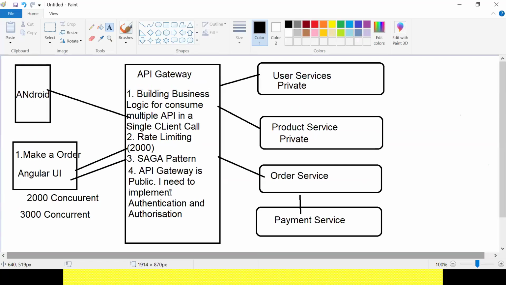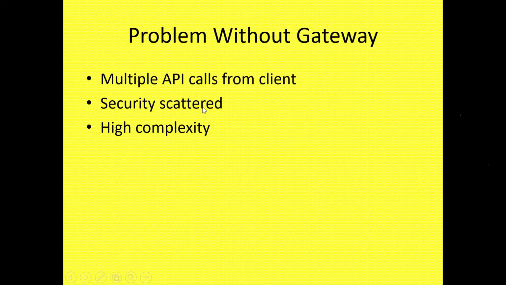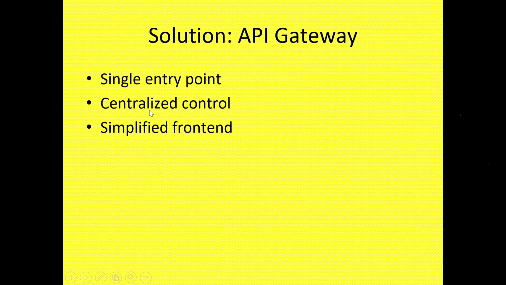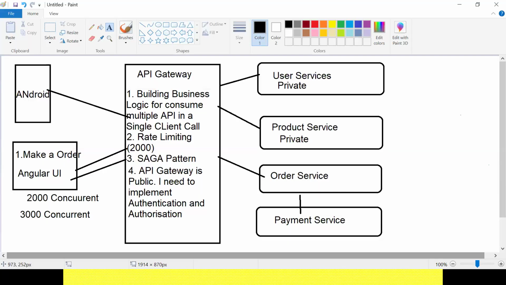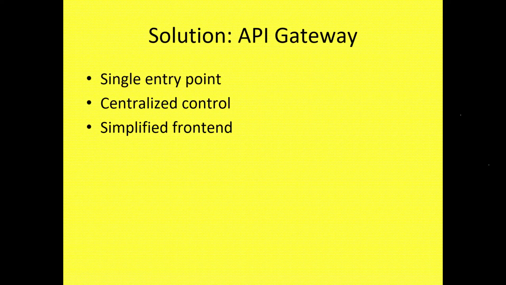Okay, so that is the reason the PowerPoint explains security will be scattered, and high complexity. To handle all these things, there is a single entry point, centralized control, and a simplified front end. Whatever we discussed, these 4 points will be covered by these 3 points as the solution of API gateway. Please say yes.